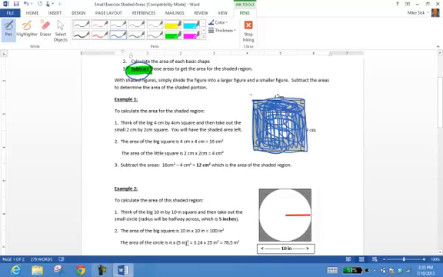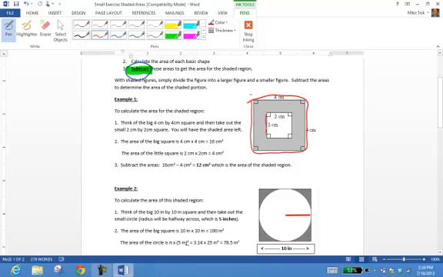But if I were to cut out this section right here, I end up with just like the sidewalk that surrounds it. Think of that being like a common area, like a pool, since it's summertime during this video, and I'm cutting out the pool area and I'm just getting that little walkway around it. So if I take that entire blue figure and cut out this part, I end up with the shaded area.